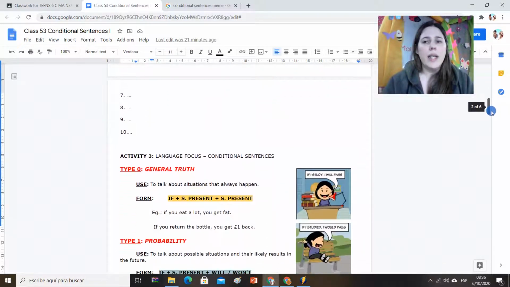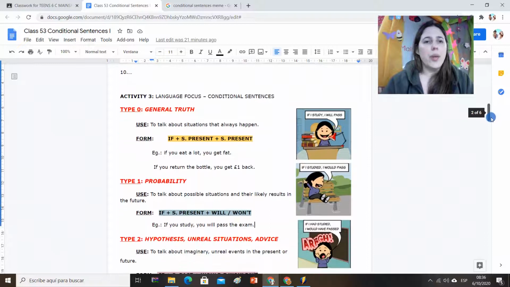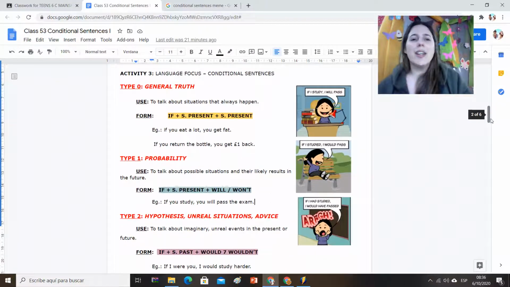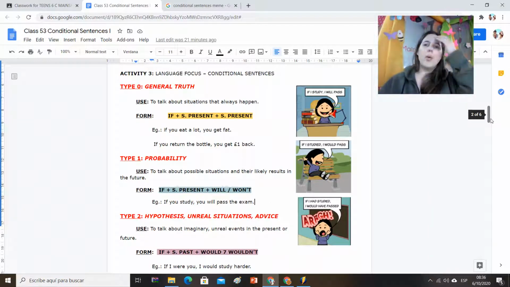Now, let's start with our grammar topic, conditional sentences. When we have conditional sentences, we express conditions, okay? And that condition can be about a present situation or a past situation. And that condition has a result.